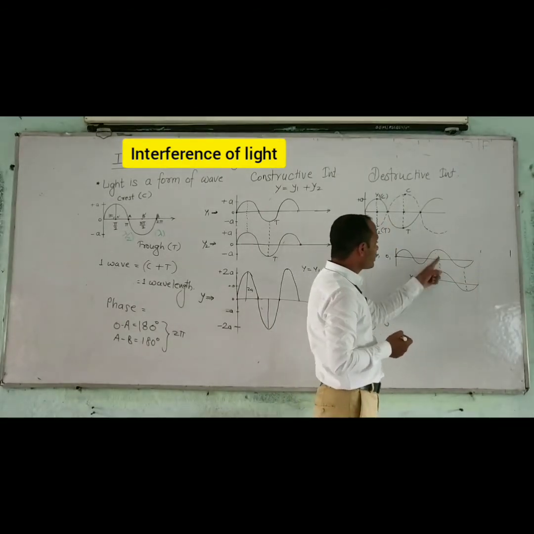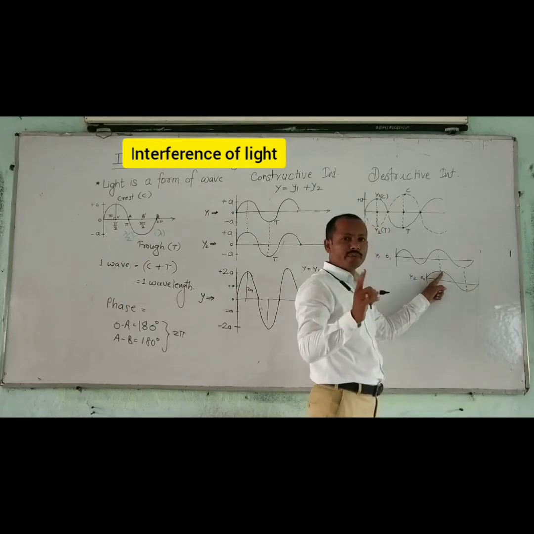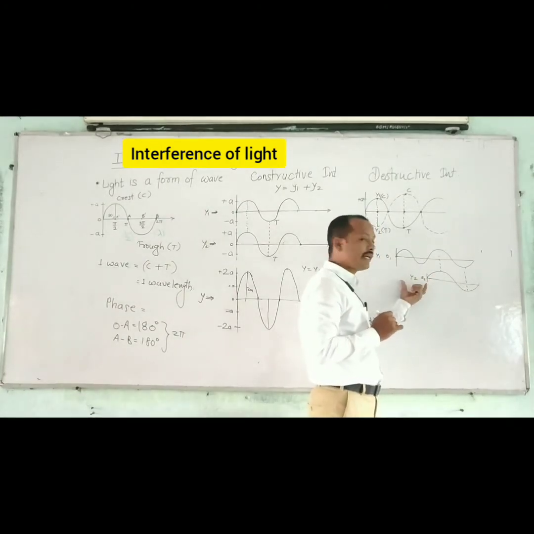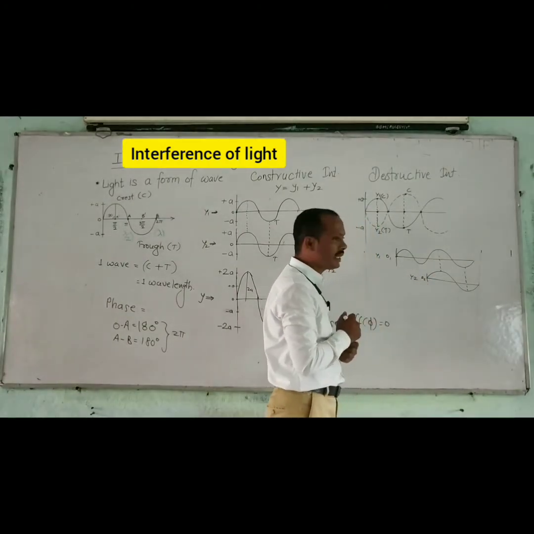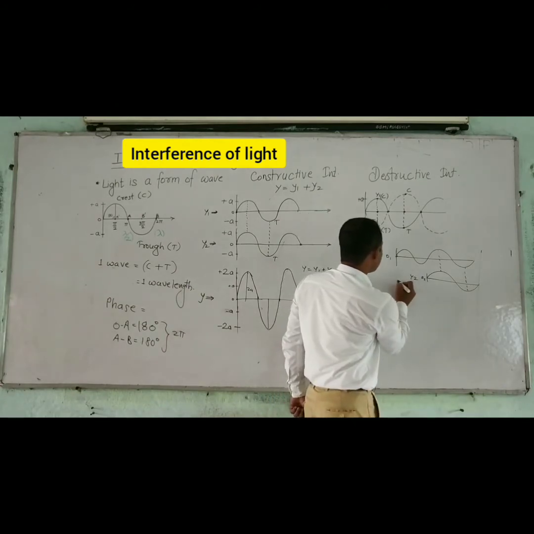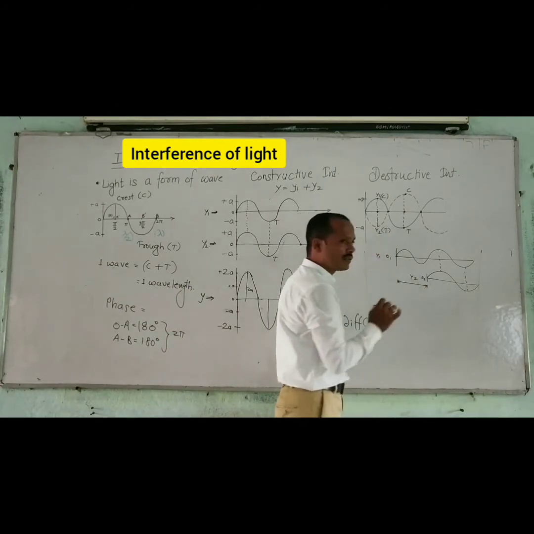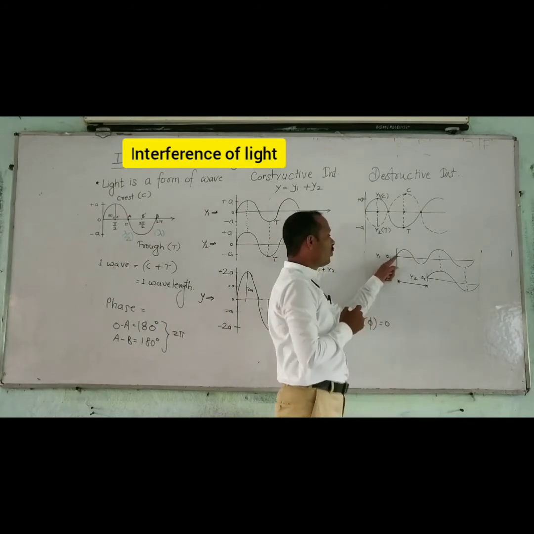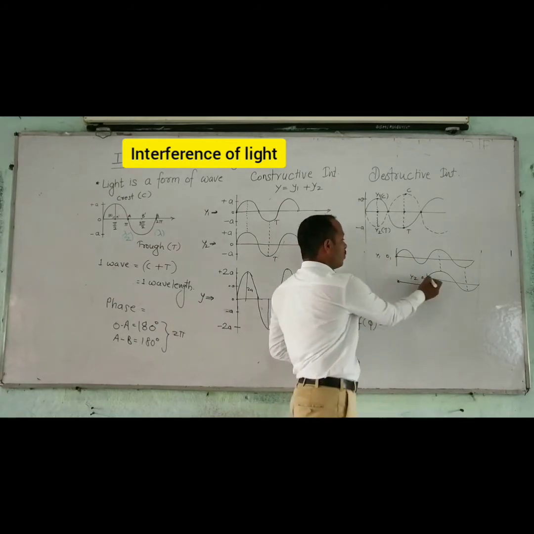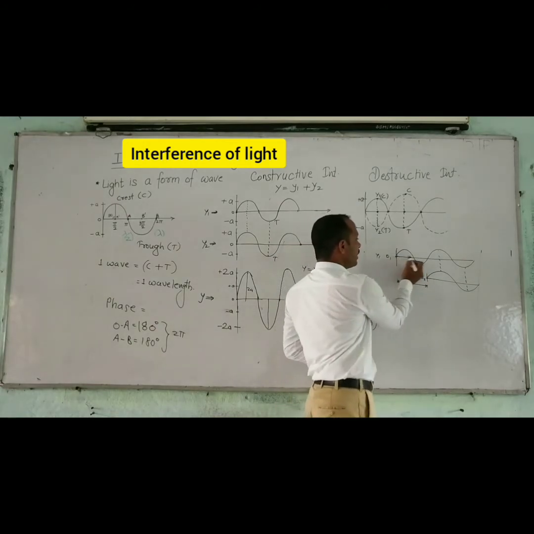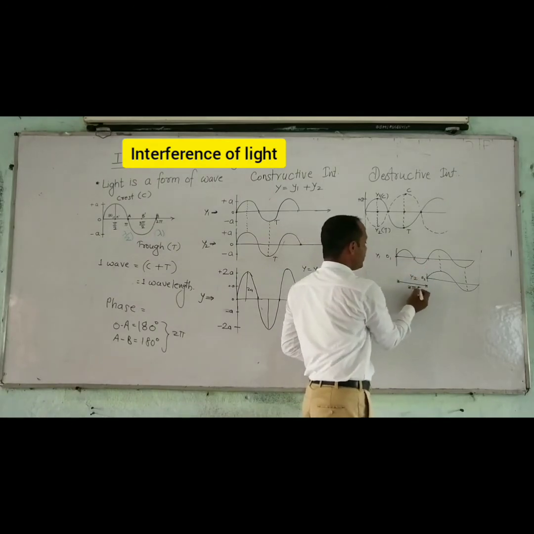Therefore, we get a new wave that is constructive, but there is a phase difference. What is the phase difference here? The phase difference is given by this distance because y1 starts from O1, y2 starts from O2, and the phase difference is pi. We get the difference is 2 pi.